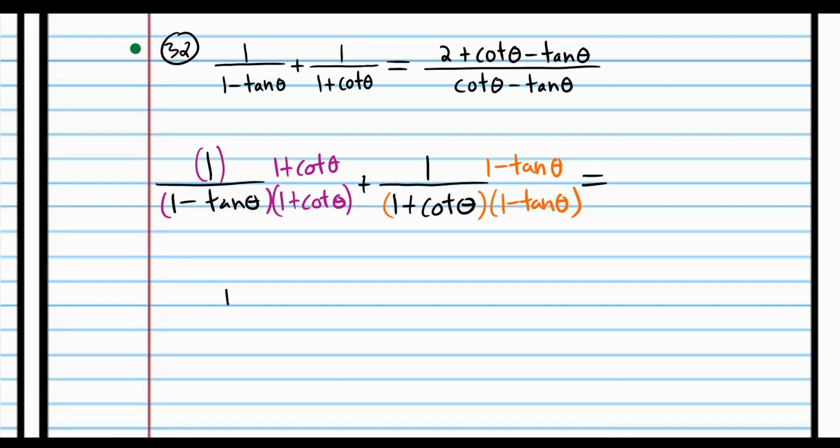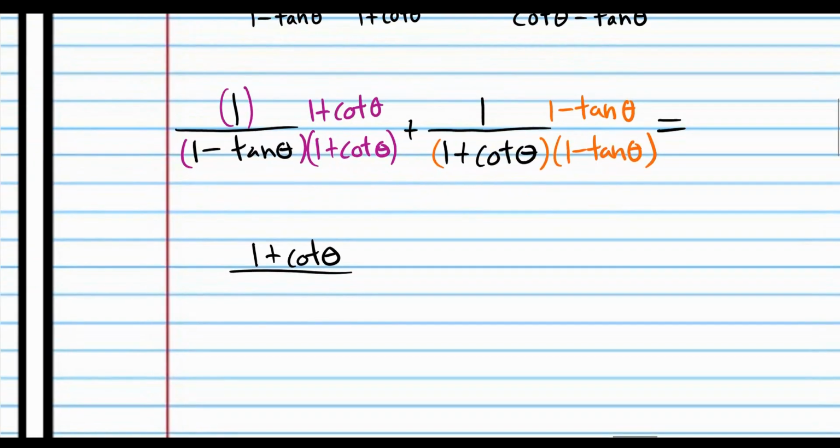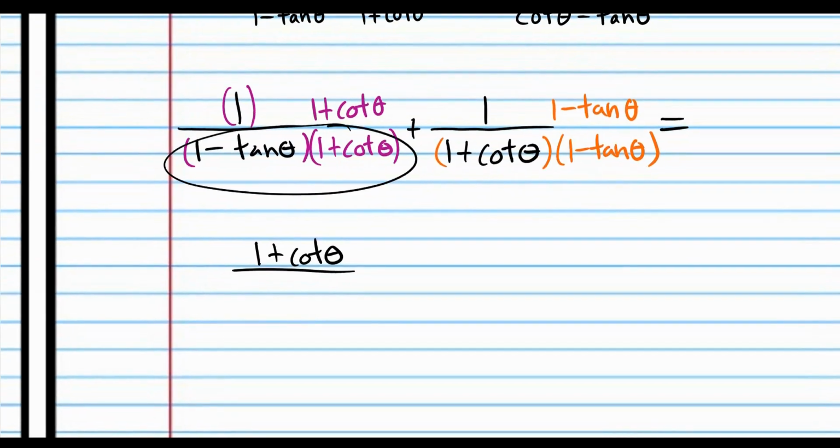Okay, so the first fraction we get 1 plus cotangent theta. And I'm going to use FOIL, so I'm going to go ahead and FOIL this out. So 1 times 1 is 1. 1 times cotangent is cotangent. Negative tangent theta times 1 is negative tangent theta.